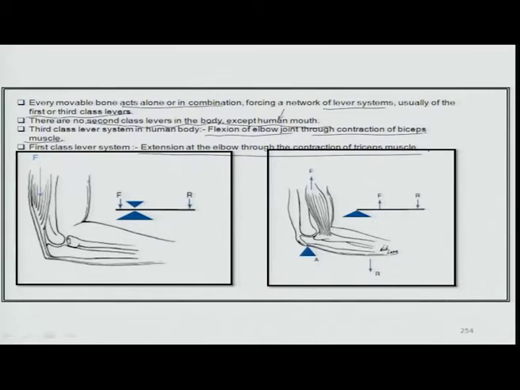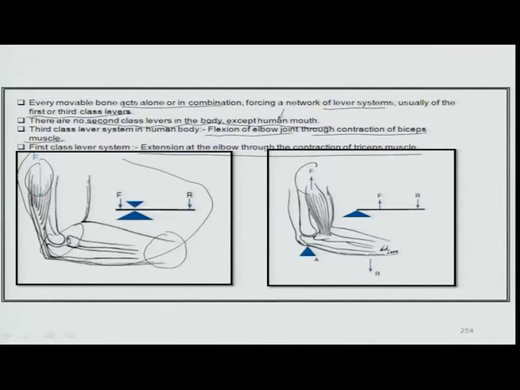So these are some basic ideas of how you can either flex or extend the muscular system, creating different positions of the fulcrum point with respect to the force and the resistance. You can see the force here is in this direction, this is the fulcrum point, this is the resistive point.